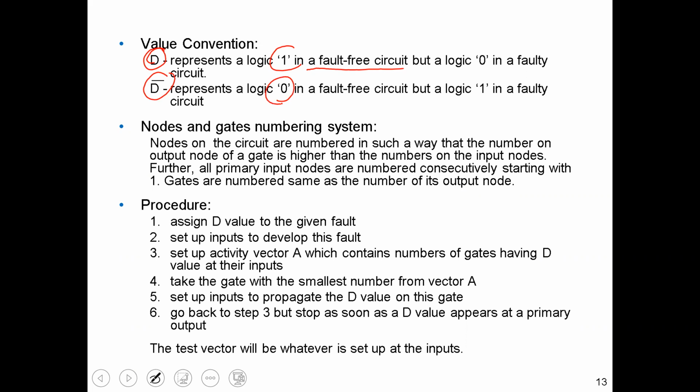Now there is a convention in this method for the node numbering and the gate numbering. So nodes on a circuit are numbered in such a way that the number on output nodes of a gate is higher than the numbers on the input nodes. Input nodes have a smaller number, output nodes have a greater number.